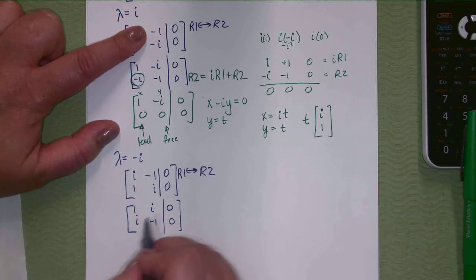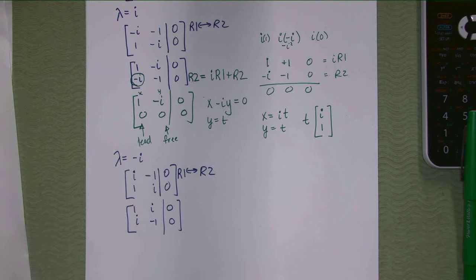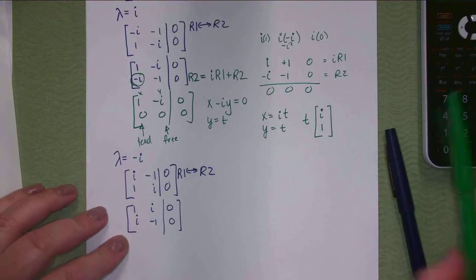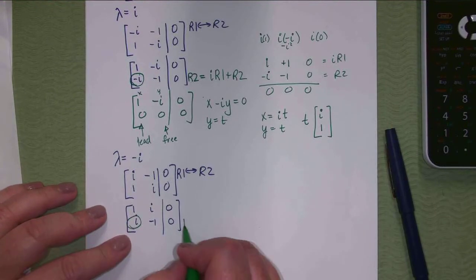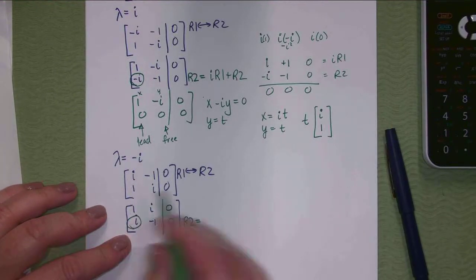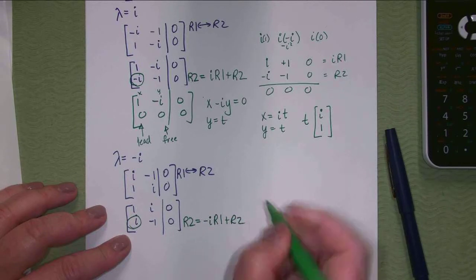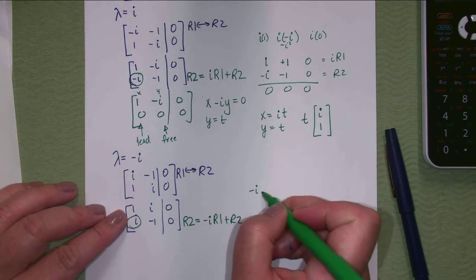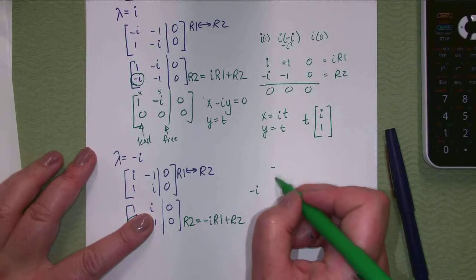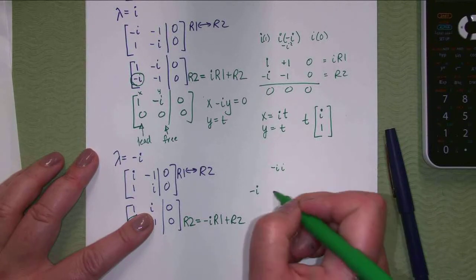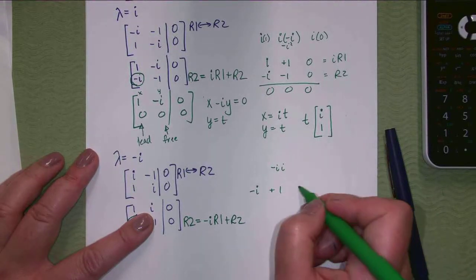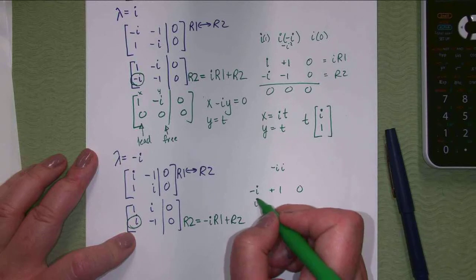And these 2 by 2s work nice because it always has to have a row of zeros and there's not much option. If it was a 3 by 3, it's a little bit more complicated. So this is in row 2. It's a positive i, so the 1 needs to be a negative i. So negative i times 1. Negative i times i would be positive 1 and 0. i minus 1, 0.